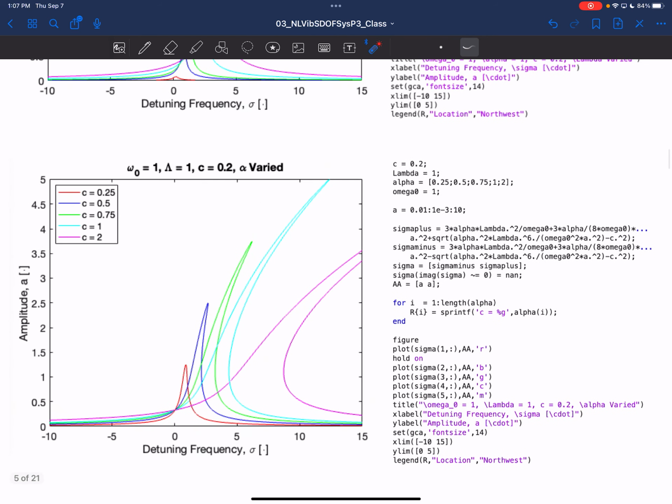Here is what happens if you increase the value of that nonlinearity. Yeah, so on the legend it says C, that should be alpha. Those are values of alpha.